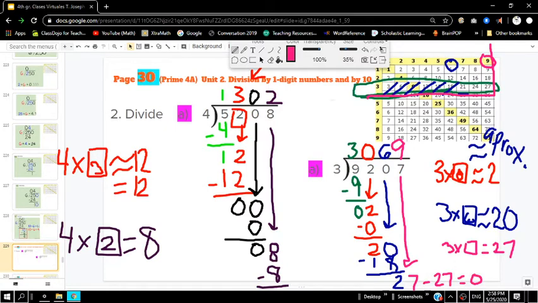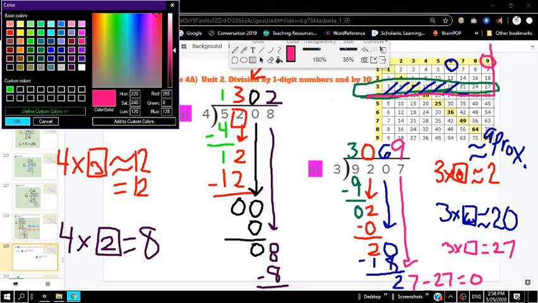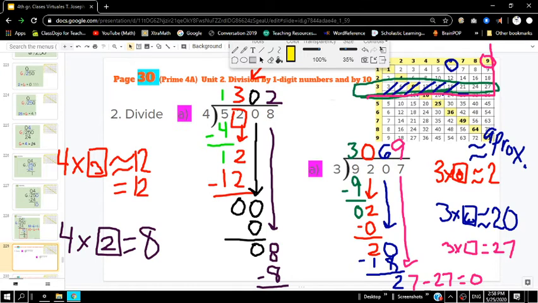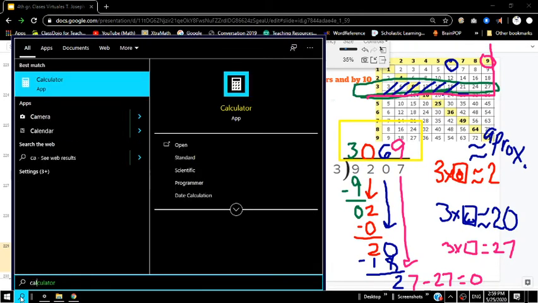So our two answers for these two problems, I'm going to put in a yellow box just so you can see them. Our first answer is 1,302, and our second answer is 3,069. Now, if I wanted to check these, I could check these on the calculator and multiply, just like we did before. So let's actually do that.